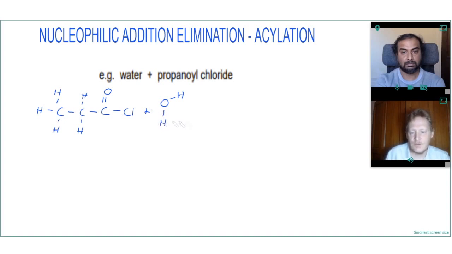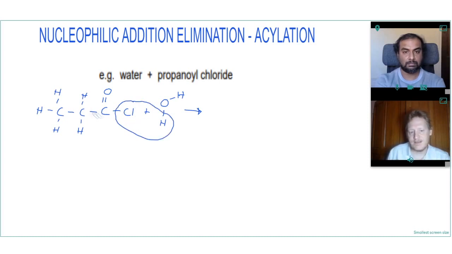When we're doing the products for this reaction, we always know in this nucleophilic addition elimination reaction that one of the products is HCl, which is the Cl from our acyl chloride and the H from what it's reacting with.